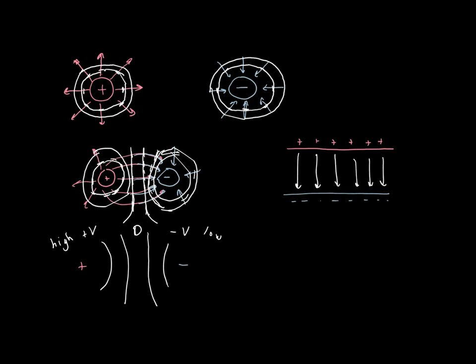Equipotential lines, perpendicular, they just go across. So here again you're going to have high potential at the top and low potential towards the negative side. And notice how the field vectors point in the same direction, always going from high potential to low. So it's also a natural voltage gradient, potential gradient.